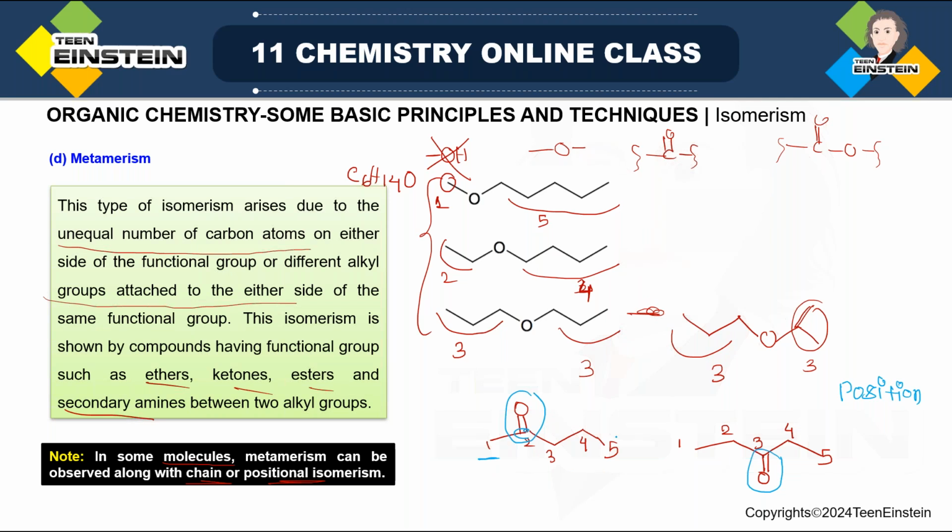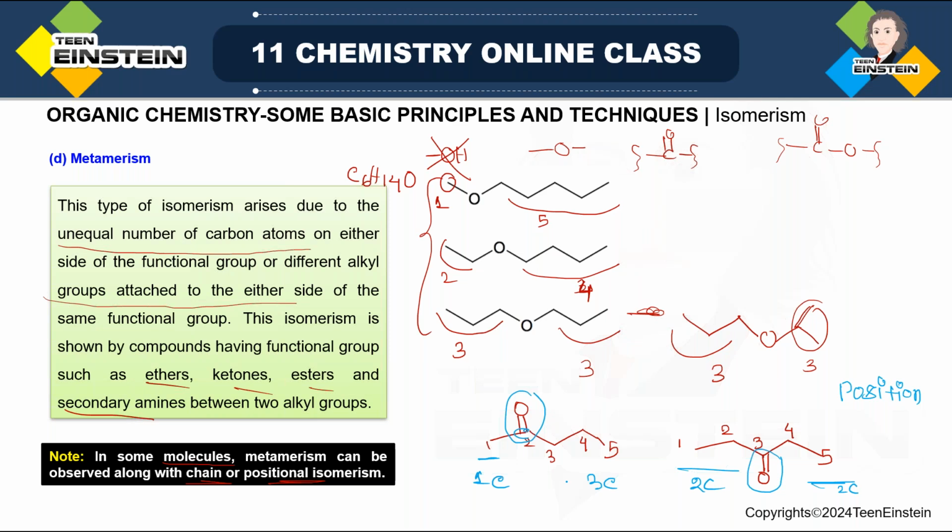That is, it fulfills the criteria of the metamerism definition as well as the position isomerism definition. So here it is 1 carbon, 3 carbon, and in this case it is 2 carbon, 2 carbon on both sides, a symmetrical structure. But whatever it is, it fulfills the criteria of metamerism and position isomerism. So these two are observed simultaneously.